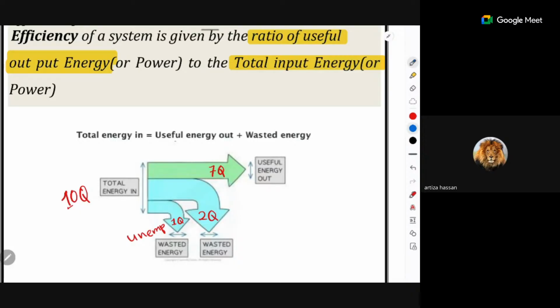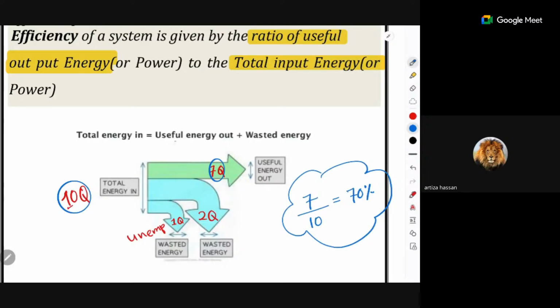These seven questions are the useful output out of a total of 10 questions. So I will say 7 divided by 10, which equals 70% efficiency. Is it clear to everyone what efficiency is? Efficiency is the ratio of useful output to the total input.